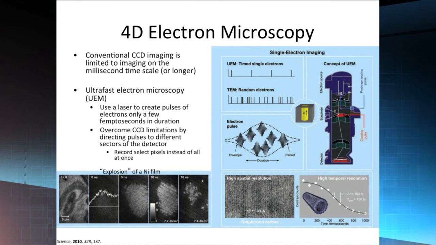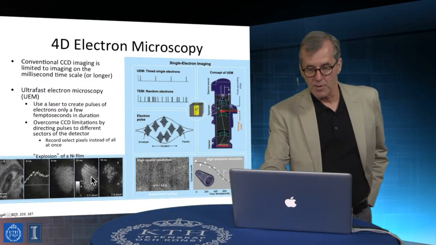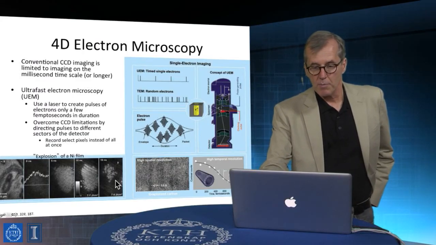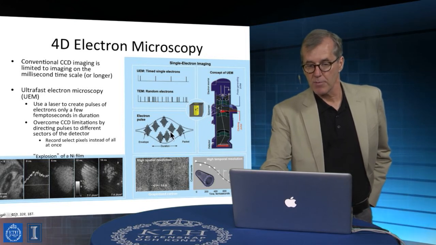I'll also note that one additional thing that's coming into play now is the advent of so-called 4D electron microscopy. And that actually is, in fact, normal electron microscopy, right? But also manipulated in the time domain, right?